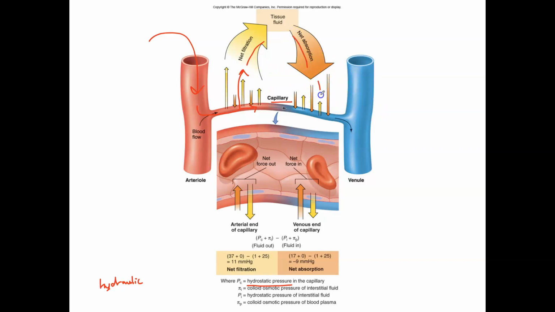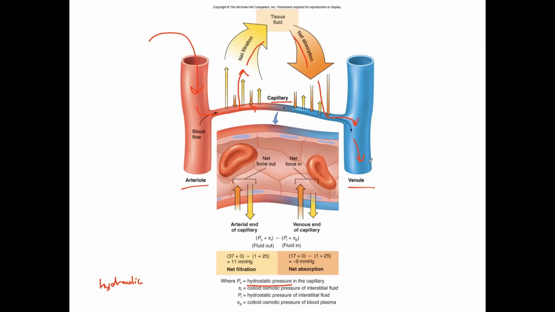So we want to see fluid moving back into the veins so that we don't create too much viscosity on the venule side, too much thickness of the blood, and therefore the blood wouldn't move. So if we pulled all of the fluid out on the arterial side and we didn't have a net absorption on the venule side, our blood would get too thick and then it wouldn't flow through the veins and return to the heart.